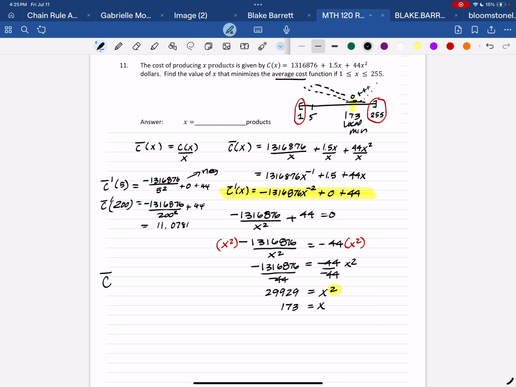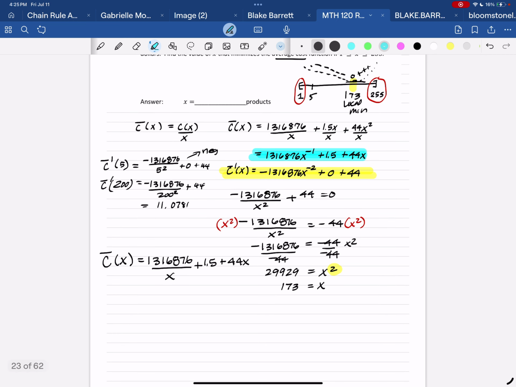average cost. Now remember what the average cost function is. It's 1,316,876 divided by x plus 1.5 plus 44x, not the derivative. This time I'm looking at the actual average cost function, and I need to check the endpoints.